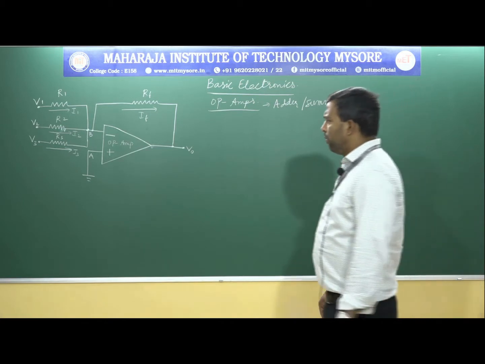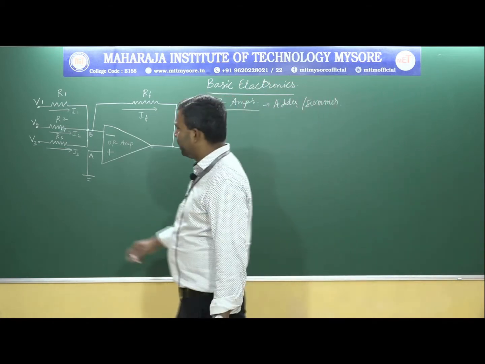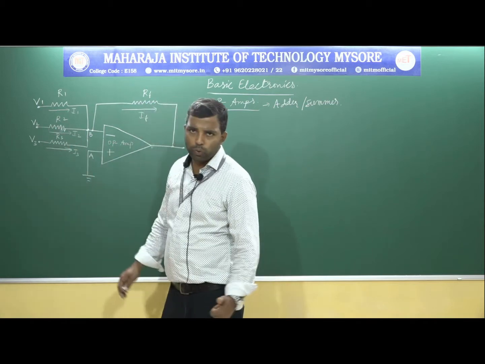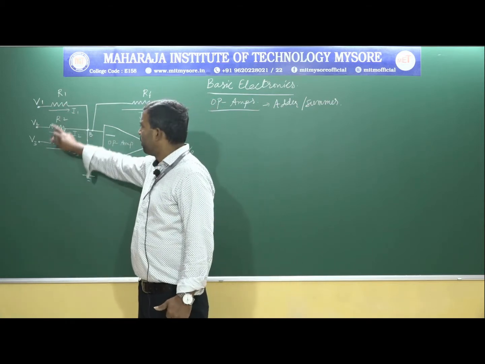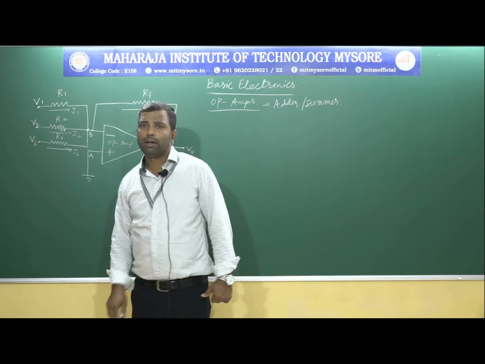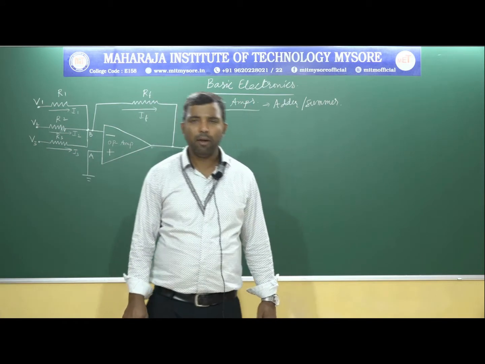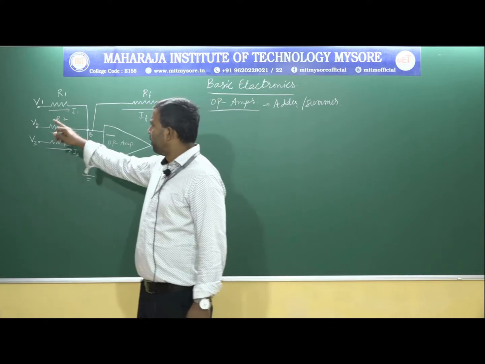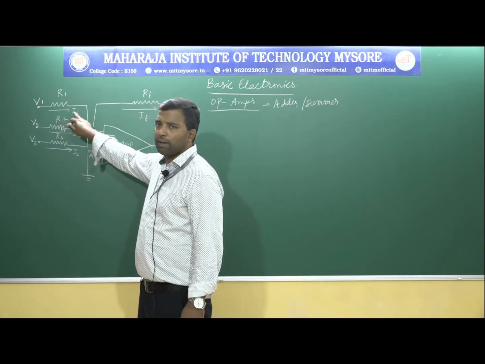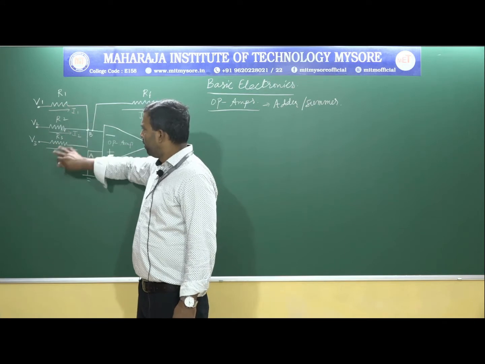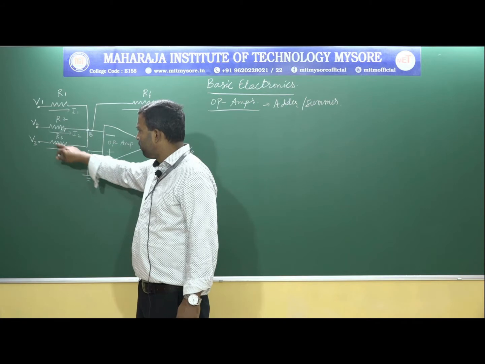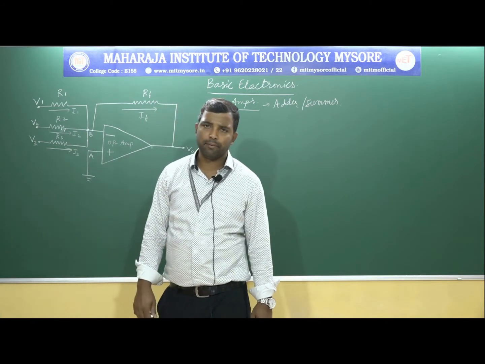In this, we apply 3 inputs V1, V2, V3 through the resistances R1, R2, R3 respectively. The current due to voltage V1 is I1 through R1, the current I2 flows through R2 and I3 flows through R3.